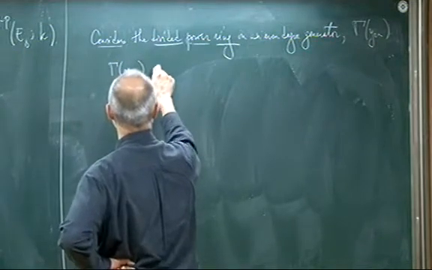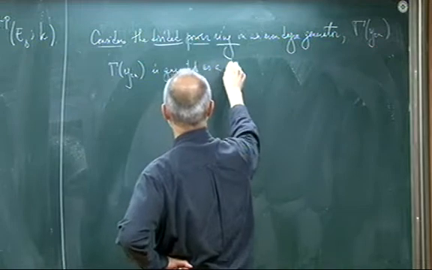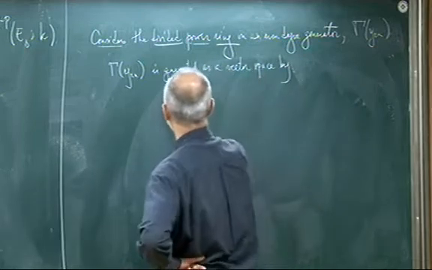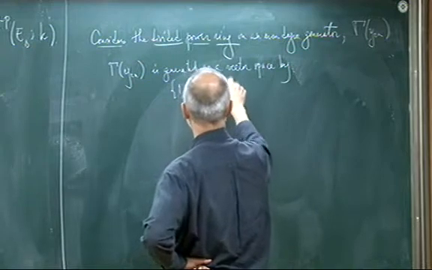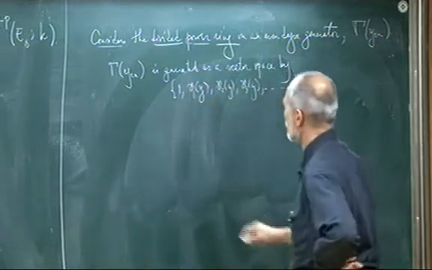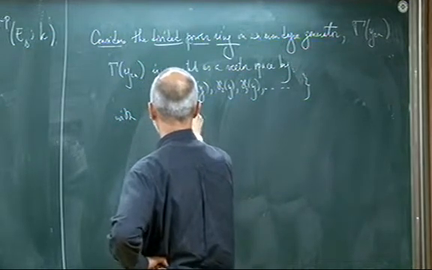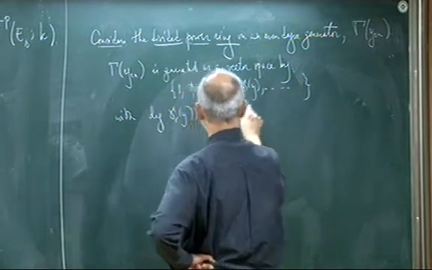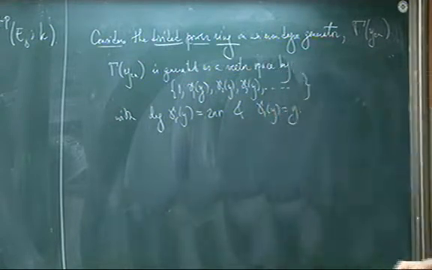Gamma y 2n is generated as a vector space by 1, gamma 1 y, gamma 2 y, gamma 3 y, etc., with the degree of gamma r y just 2nr, and we take gamma 1 y to be y.